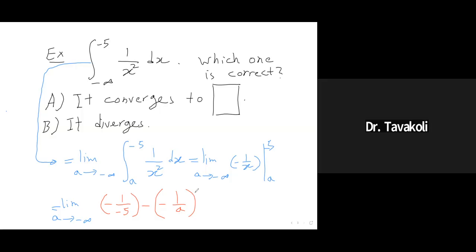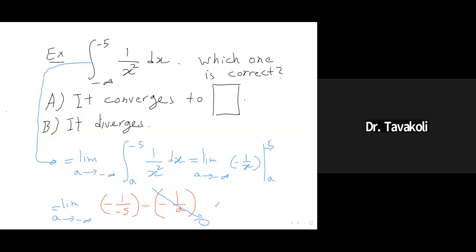Now look at the parentheses which contains a. I have 1 over a, and a tends to minus infinity. As you might remember from Calc 1, 1 divided by plus or minus infinity is 0. So the second parentheses is just equal to 0, or when a tends to minus infinity, 1 over a tends to 0.